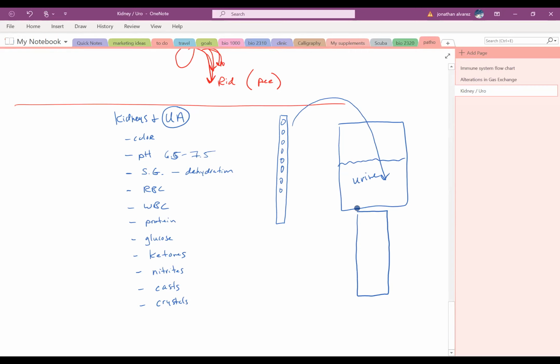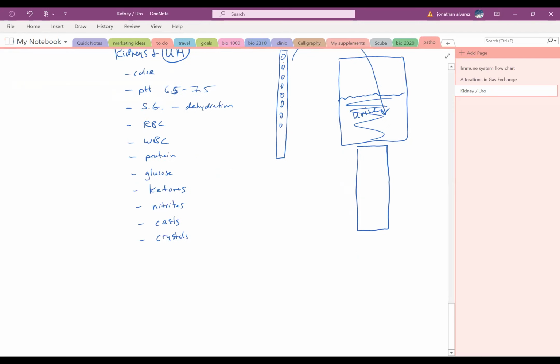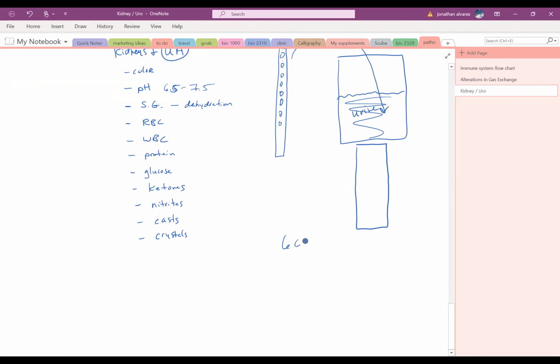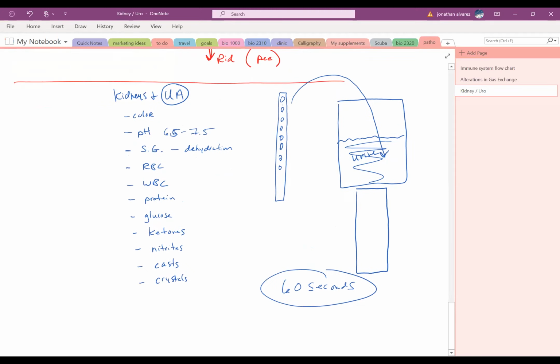But you want to get all of these different reactive pads in the urine, and then you give it usually 60 seconds to acclimate. And then you put the strip against a legend, right? So there's a meter or a color-coded graph, and you just look for the color.